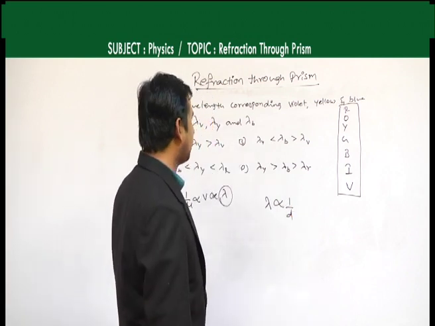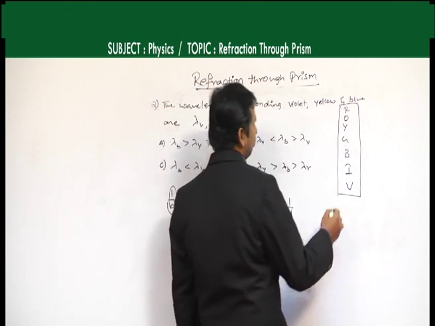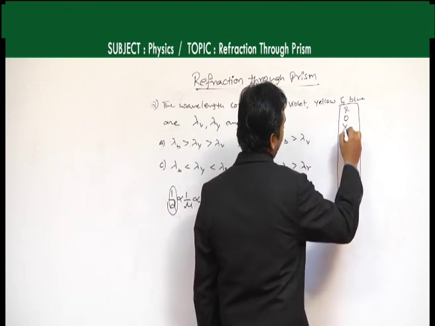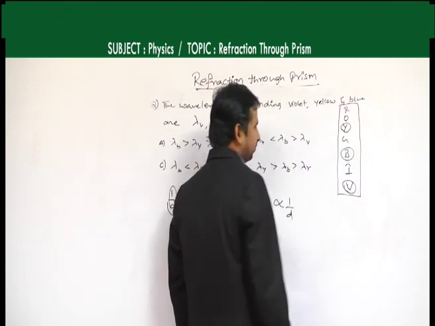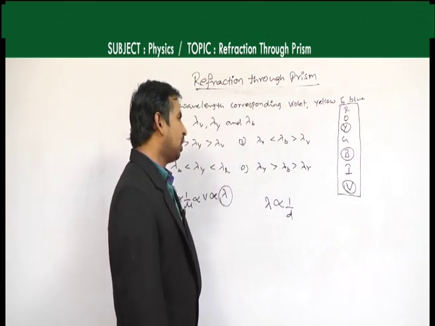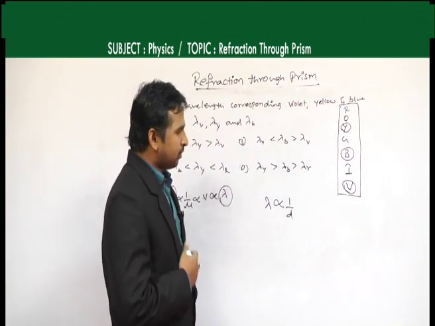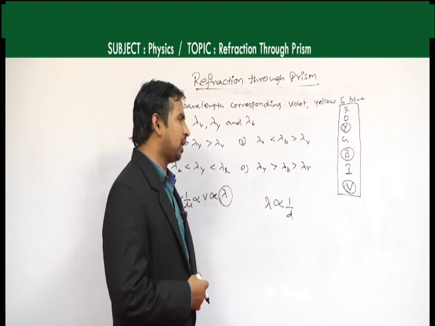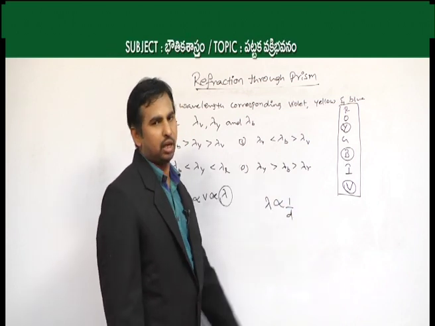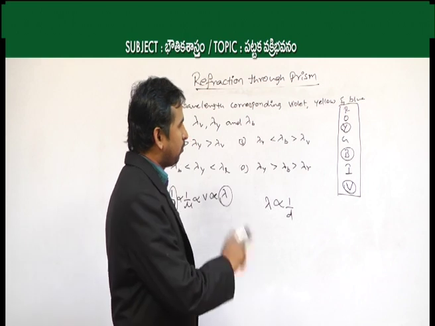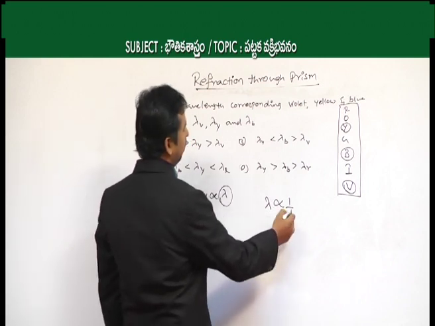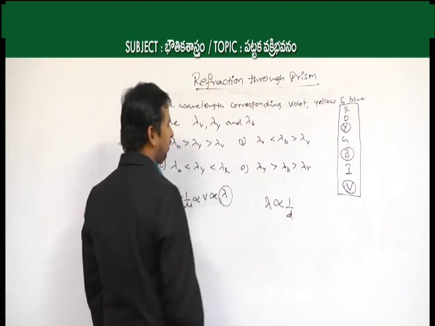Of the 3 colors given, violet, yellow and blue, of all the given cases in the spectrum, the one having more deviation is violet color. So, the violet color is having more deviation, so that its wavelength is less.